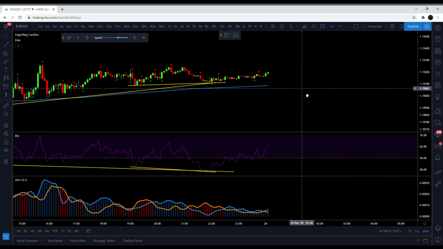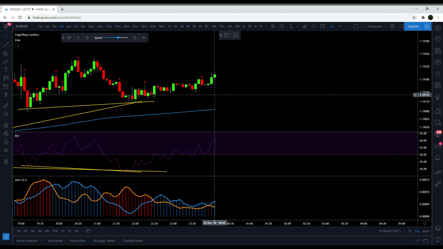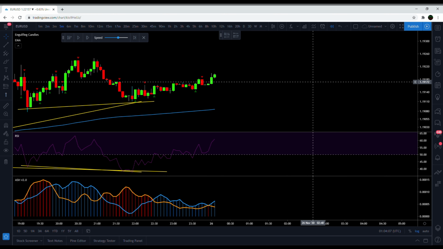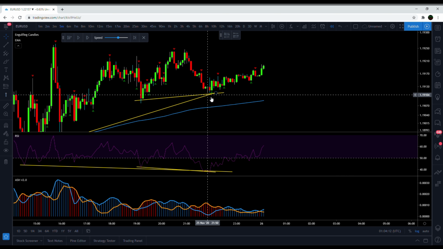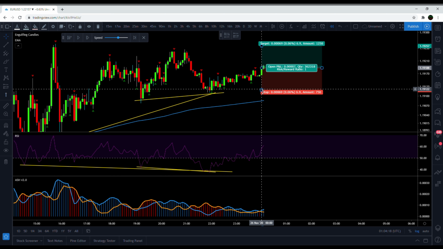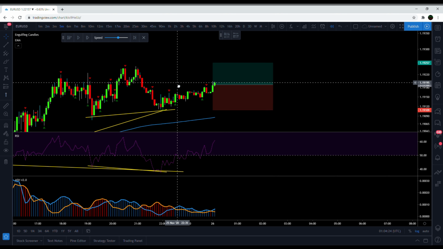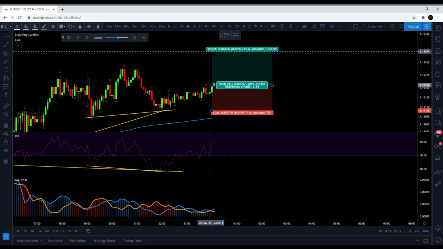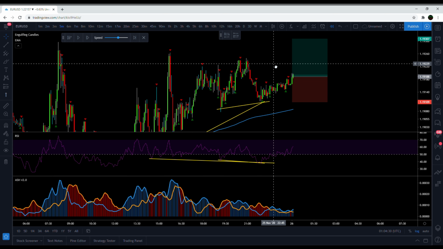I just let it go one extra candle accidentally. Okay, so here's the buy candle. What am I going to do with the stop loss? Well, I'm going to put it right under here. Let's check this out. I have no idea what the outcome is going to be, and it doesn't matter if I know what the outcome is going to be. So I don't want it coming back down there. All right, there it is.